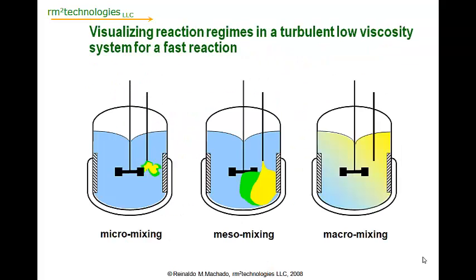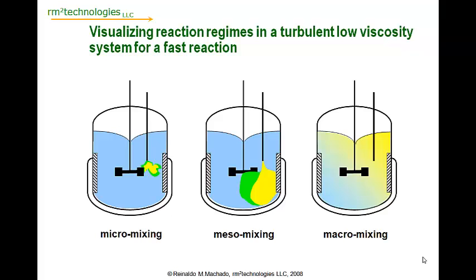One simple visualization for low viscosity materials that are operating in a turbulent regime: micromixing would appear as a plume of material very, very close to the tip of the impeller and wouldn't go much beyond the tip itself. In this case, the overall mixing is determined by the local power per unit volume. In mesomixing, the plume goes well beyond the tip of the feed tube and into the reactor itself.